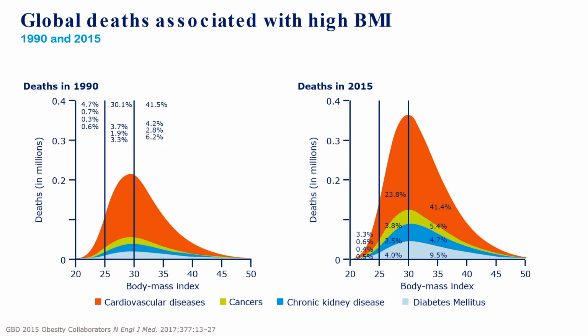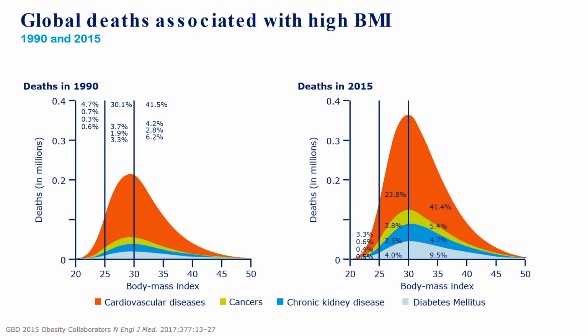And this is shown here. Here we look at the global deaths associated with a high BMI. On the left, we've got the curves for deaths in 1990 versus on the right, the deaths in 2019. And the deaths are in millions. And on the x-axis for both graphs, you can see the body mass index and what people are dying of: cardiovascular disease, cancer, chronic kidney disease, and diabetes.